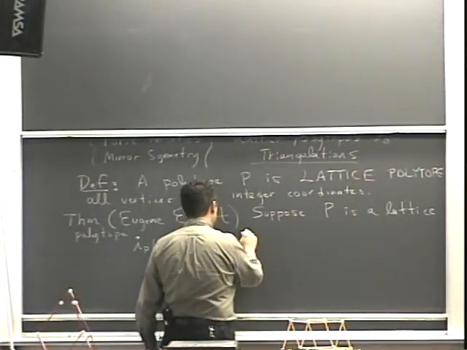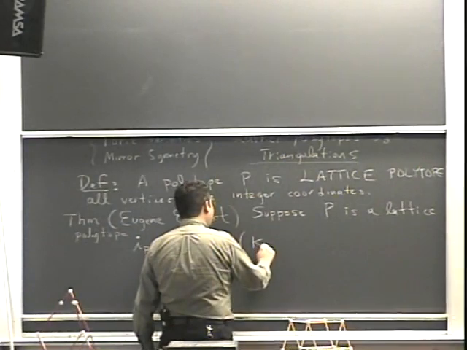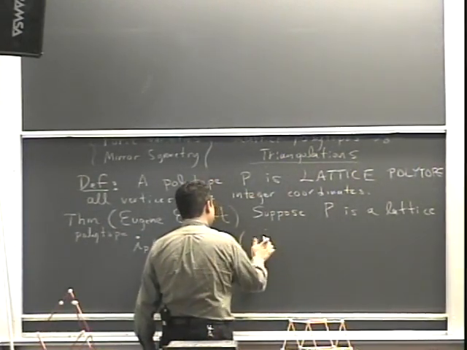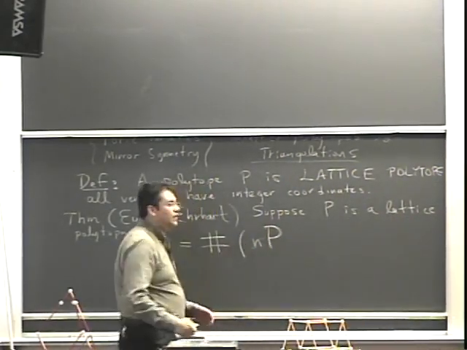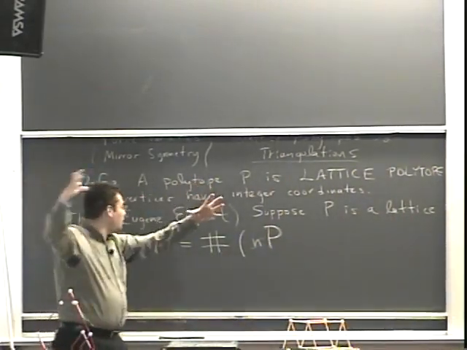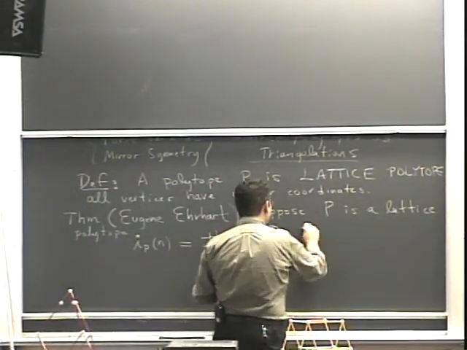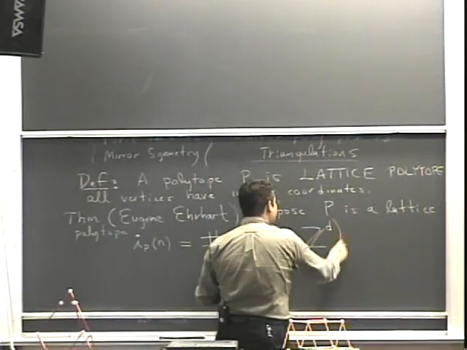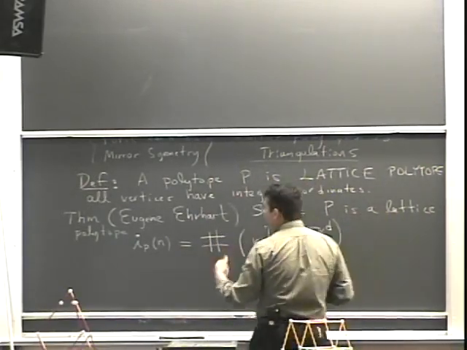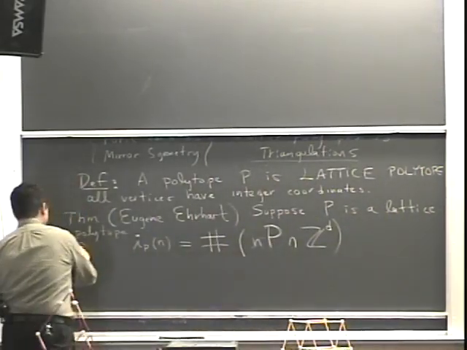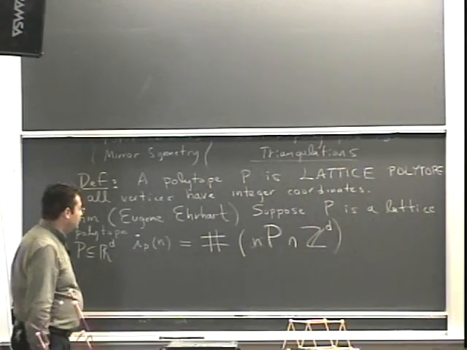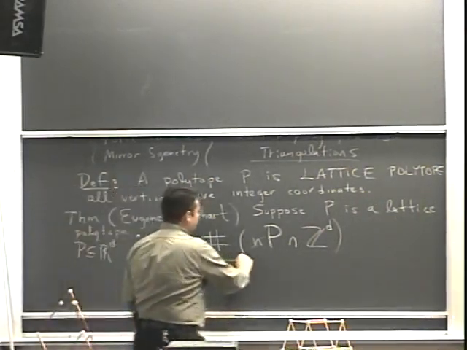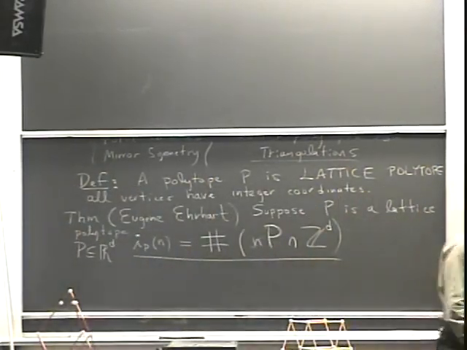It's the number of lattice points that lie in the intersection of n times a blow-up of P with the integer lattice Z^d. Let's say that P is a polytope that lives in dimension d. This function is called the Ehrhart counting function in honor of Ehrhart.